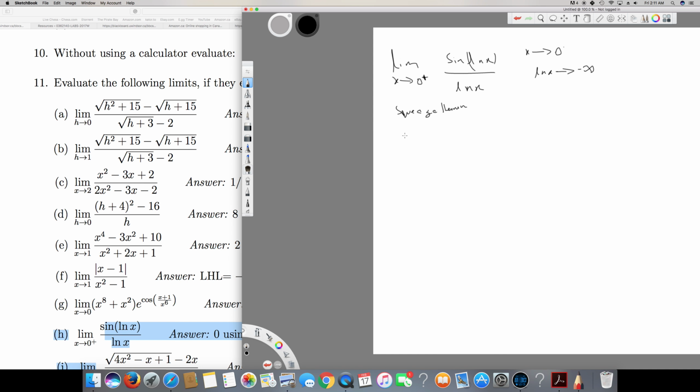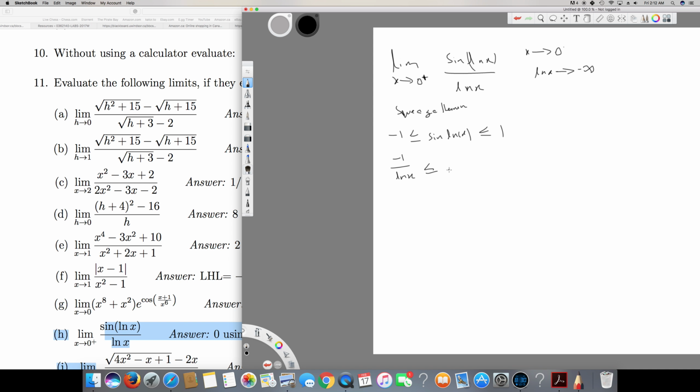According to the squeeze theorem, whatever the value of sine is, it should be between negative 1 and 1. So negative 1 is less than or equal to sine of ln x, which is less than or equal to 1, right? Now let's divide everything by ln x.